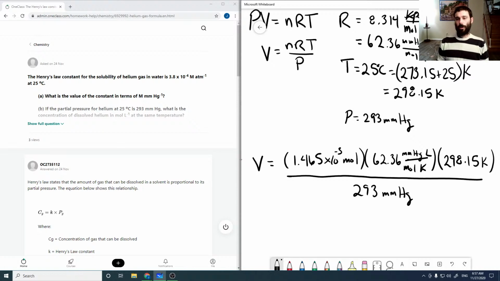And we can quickly do a check on our units to make sure we didn't make any mistakes. And everything cancels, giving us liters, which is a volume, so that's good.